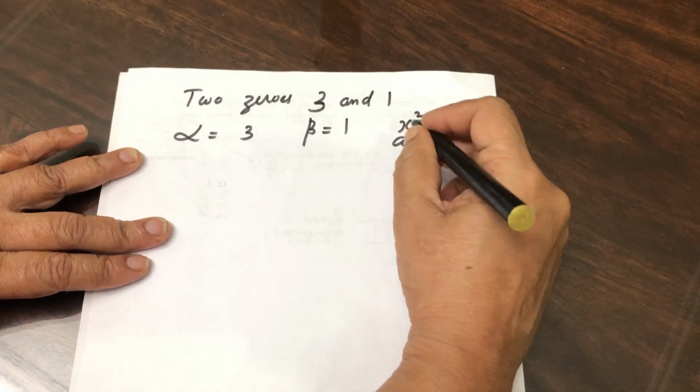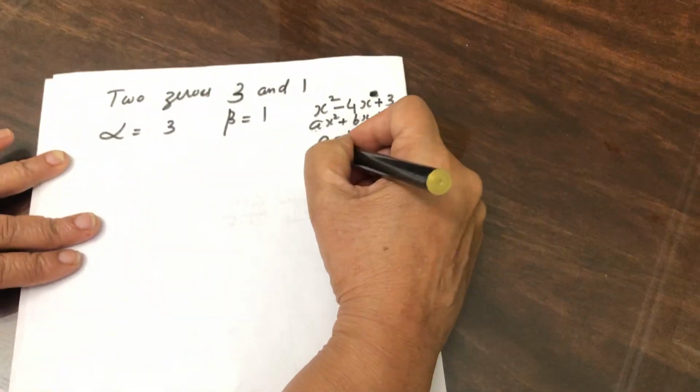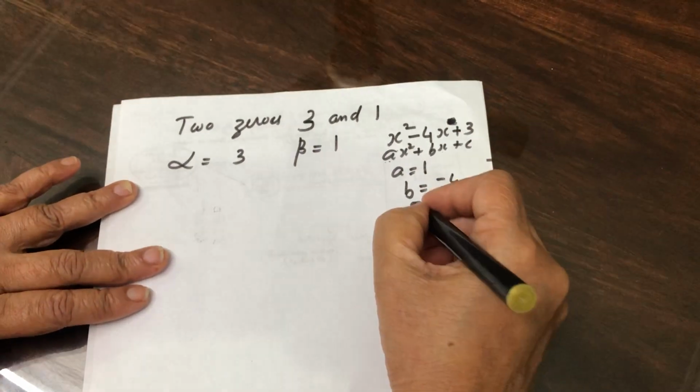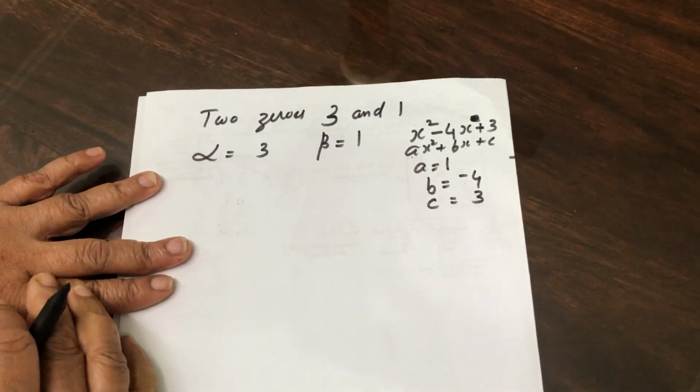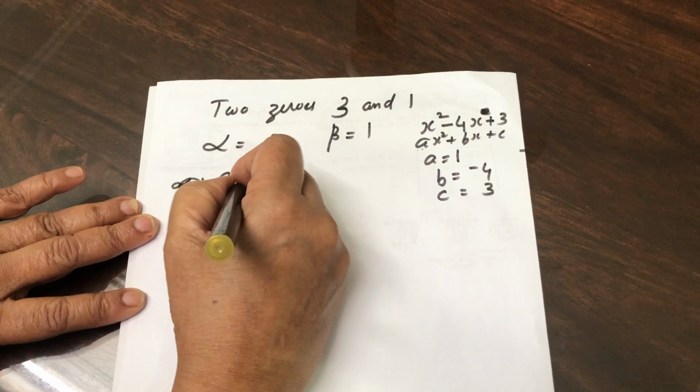A is the coefficient of x squared, here a is 1. B is the coefficient of x, minus 4. C is the constant term, 3.